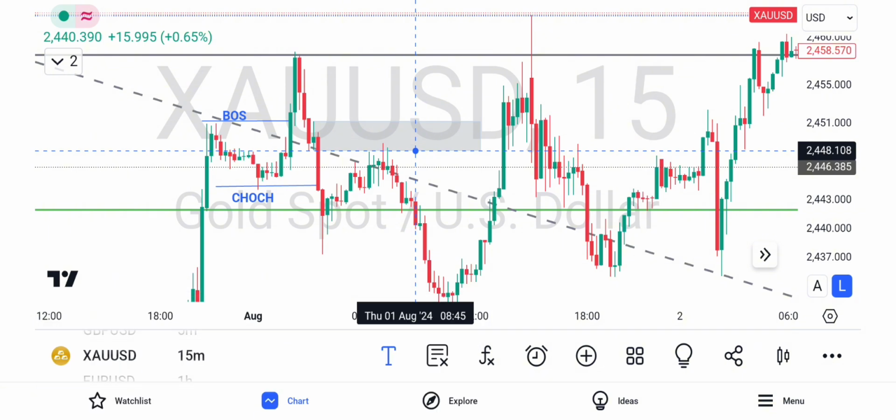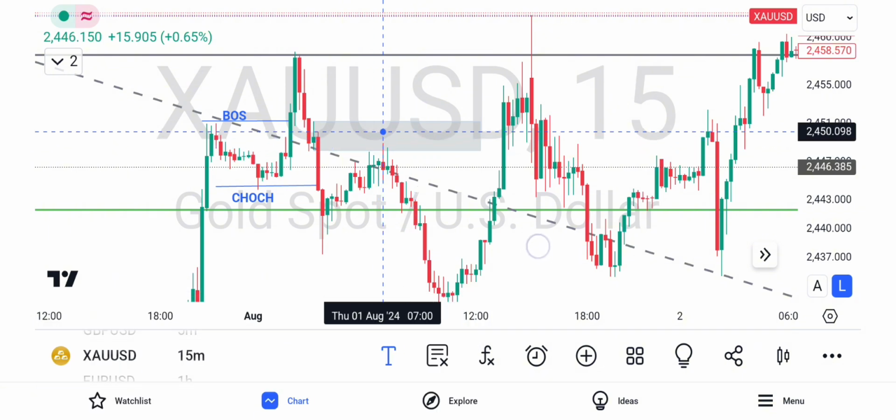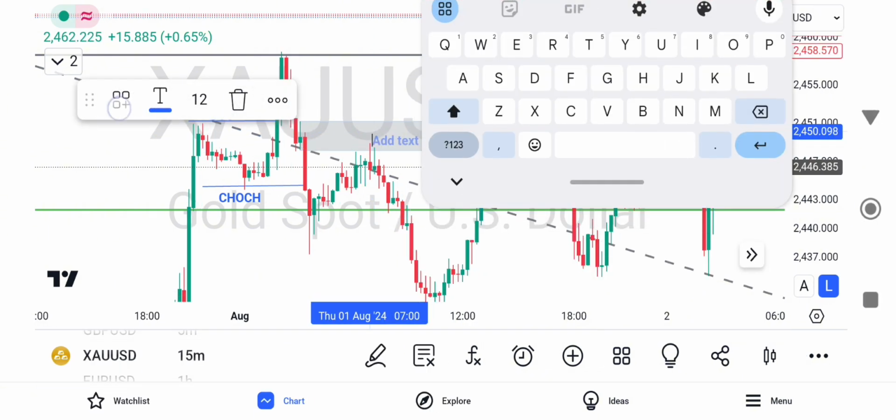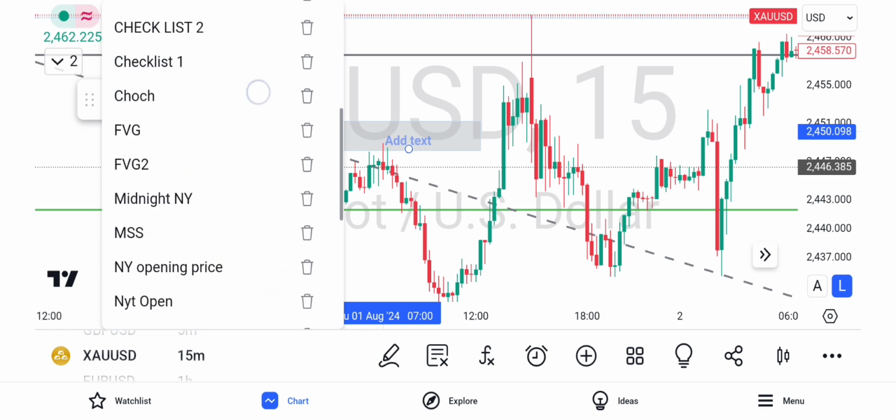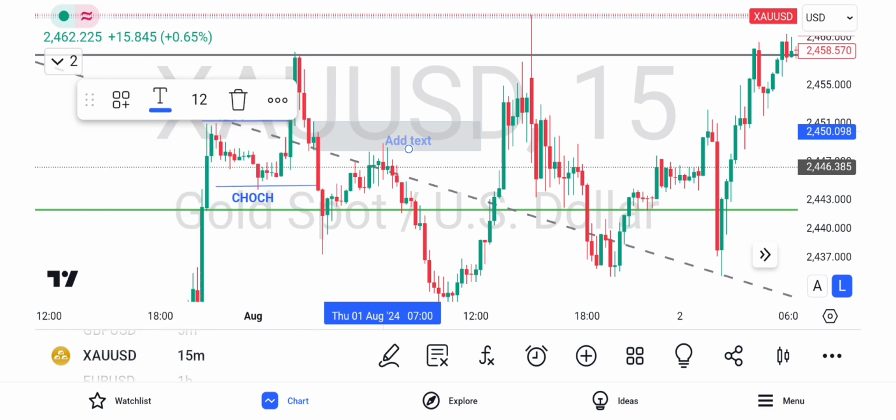The sweet order block here, the sweet order block here, the sweet OB, right? So we have that here.